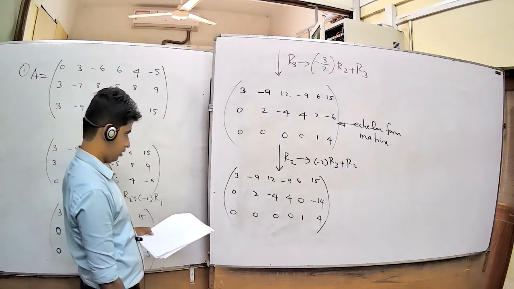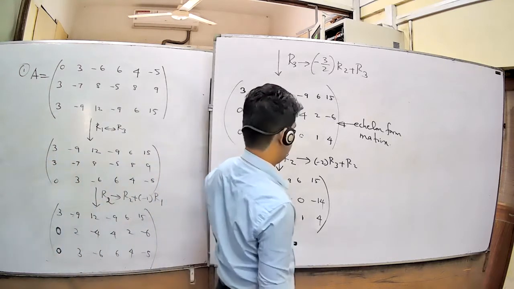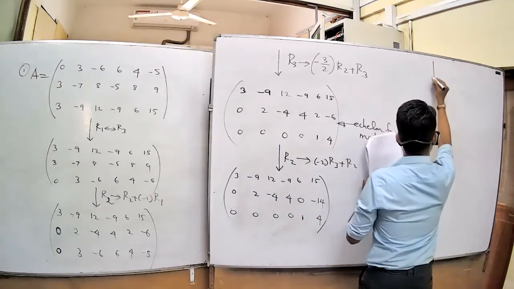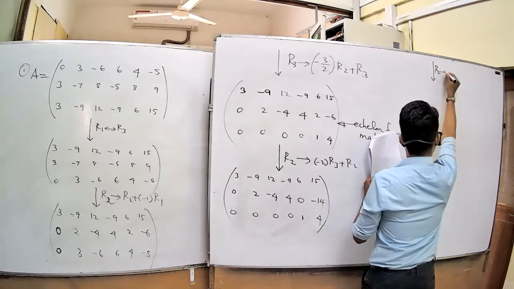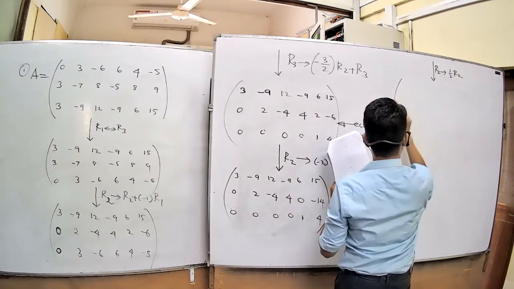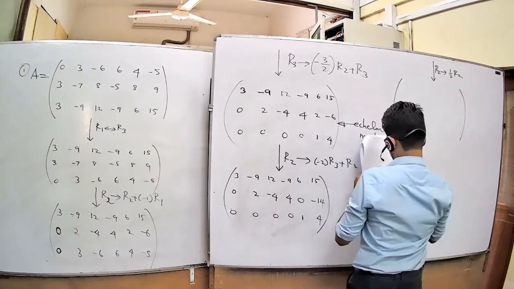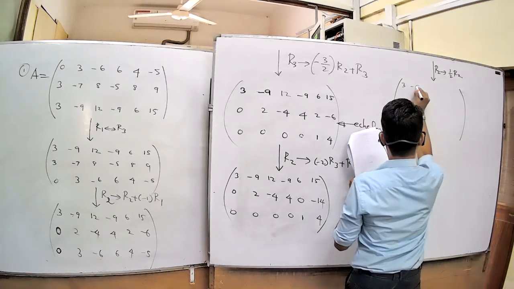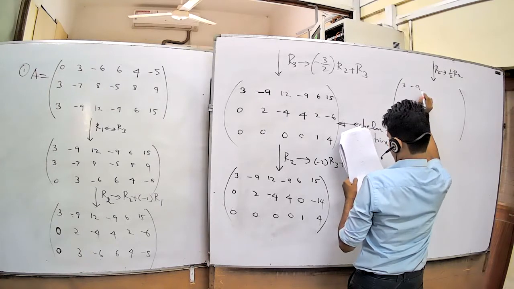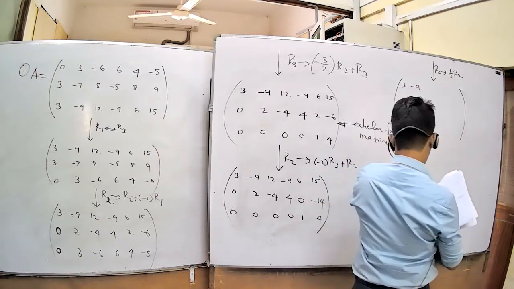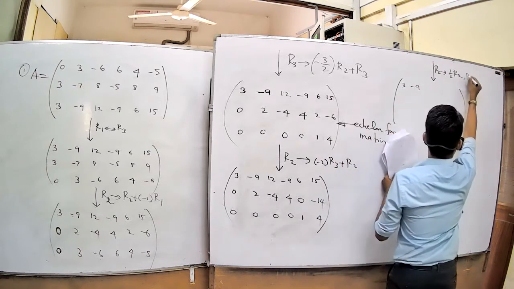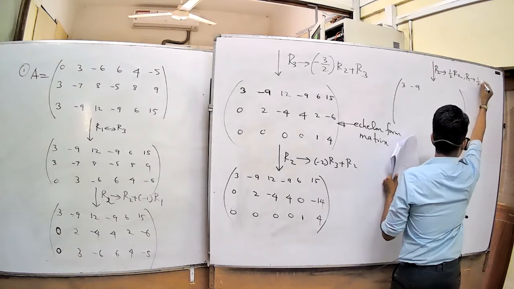Now you can divide the second row by half, R2 divided by half. Then you get this matrix. Otherwise, R1 also you can multiply by 1 by 3.